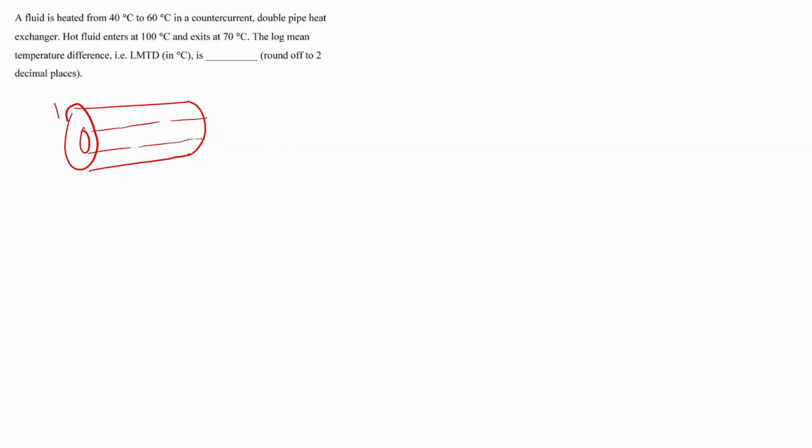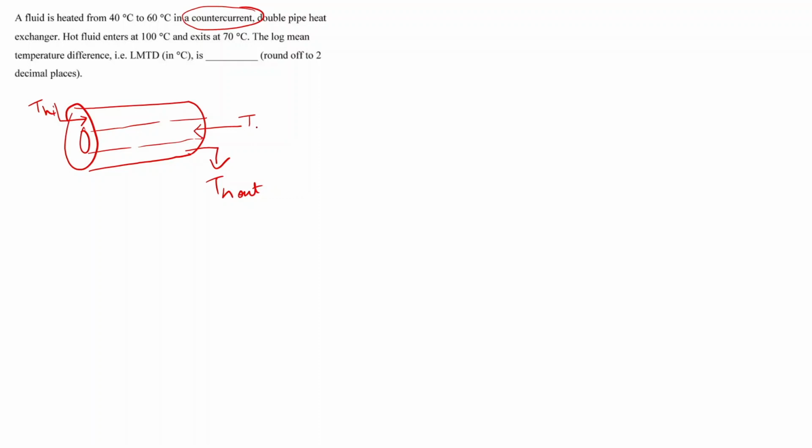Okay, so let's just write TH in, and this is TH out. And cold fluid is from 40 to 60. And here we have been given counter current. So the direction of the flow of both this hot fluid and cold fluid will be opposite.